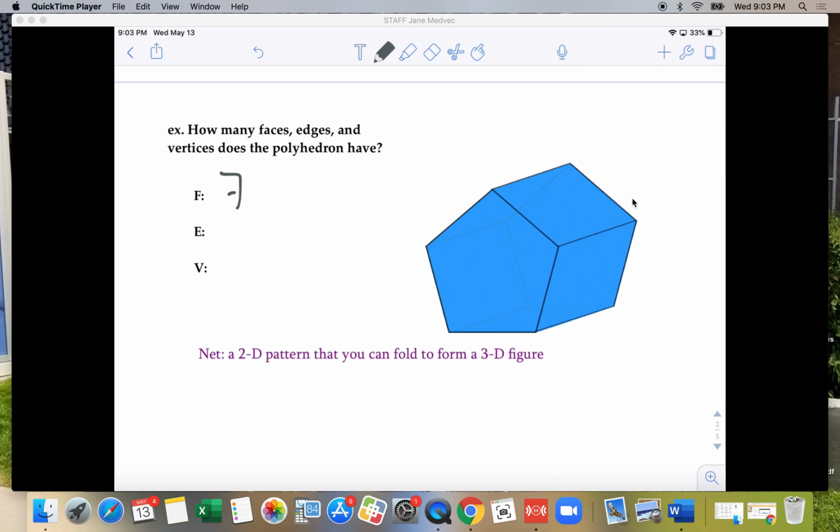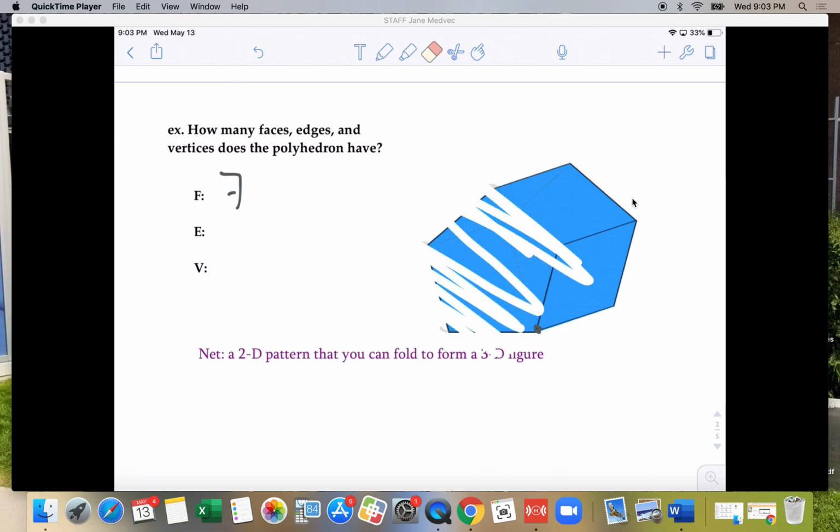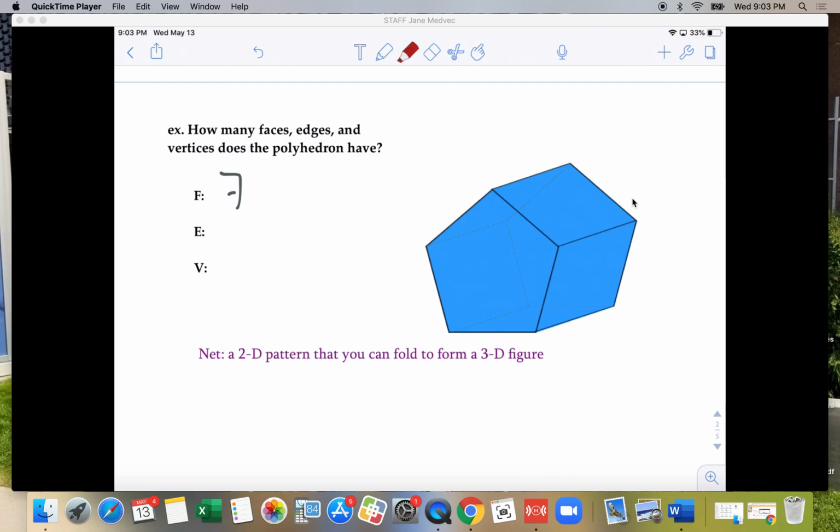Now, if we look at the edges, you're going to notice there's 1, 2, 3, 4, 5. I'm sorry, vertices. I'm looking at edges. The edges on this are those lines. So 1, 2, 3, 4, 5.